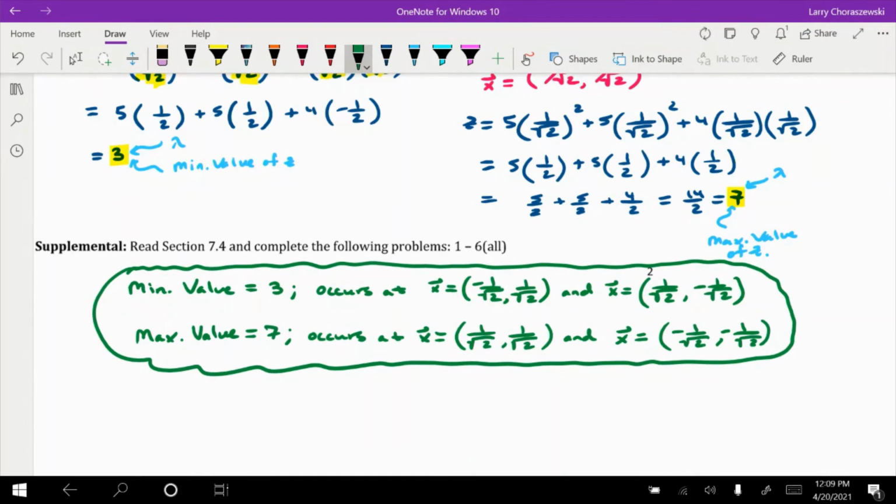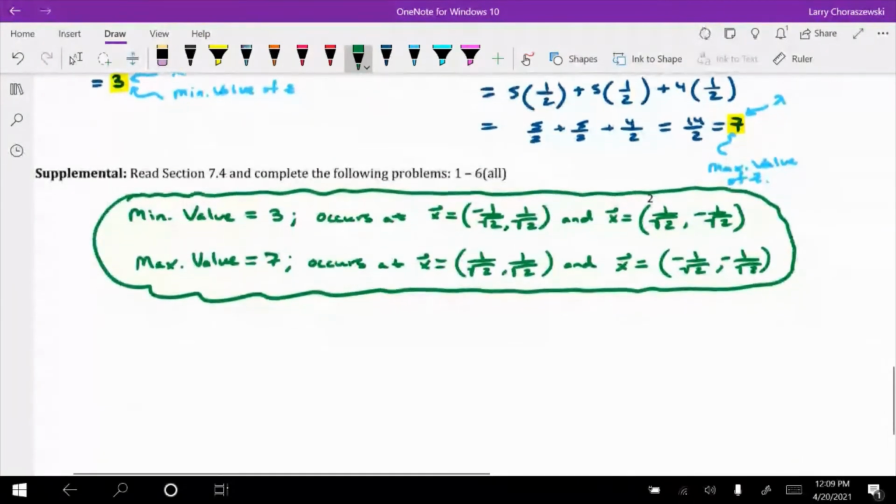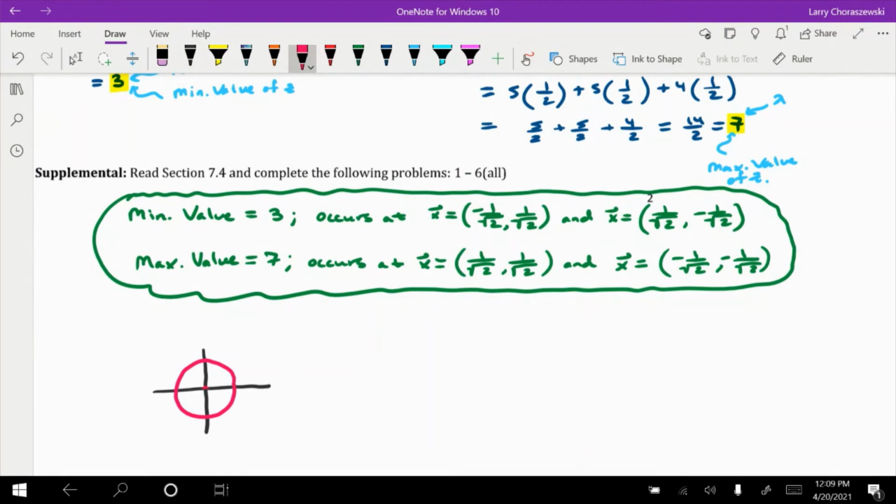Now, Joe, I'm thinking about your question some more. Let's do a little drawing here. I'm going to do a two-space diagram, and on this diagram, I'm going to include the unit circle. So let's center it at the origin with a radius of 1.